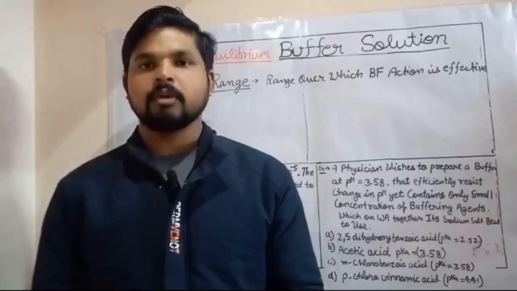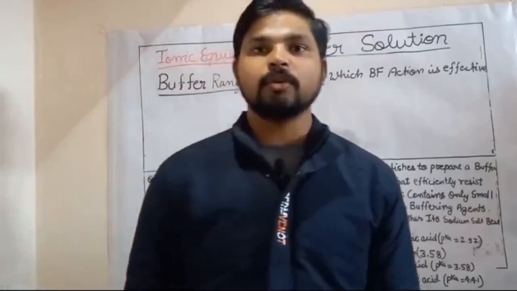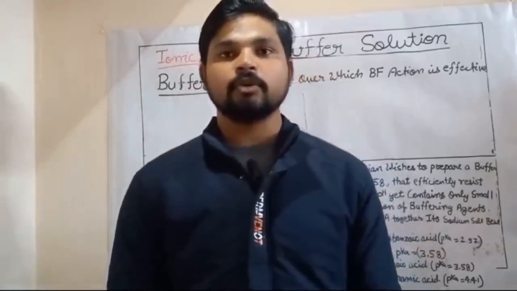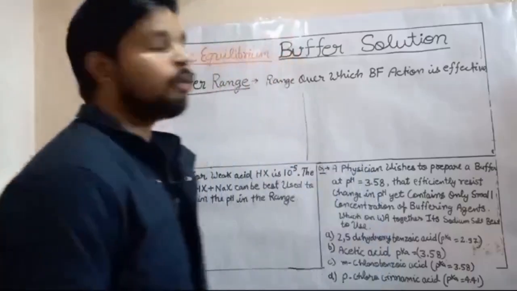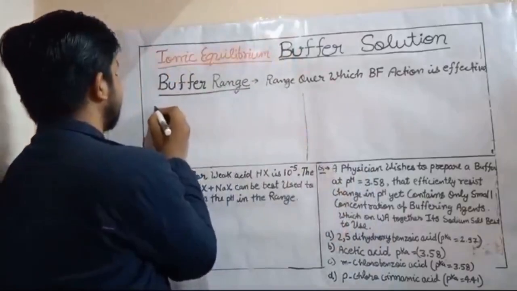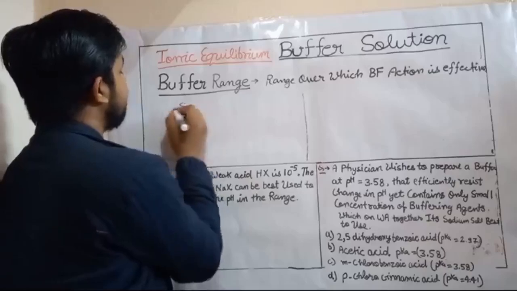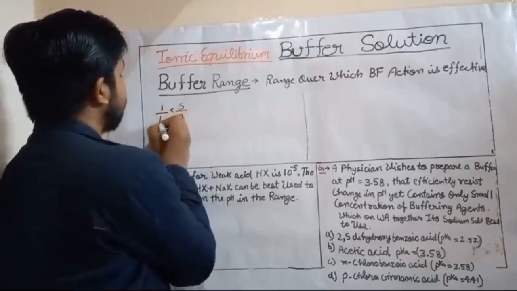Okay. Now we discuss buffer range. Buffer range is simply defined as the range over which the effectiveness of a buffer solution is calculated. Okay student, so the buffer range for an acidic buffer lies when the salt by acid concentration lies between 1 by 10 to 10.